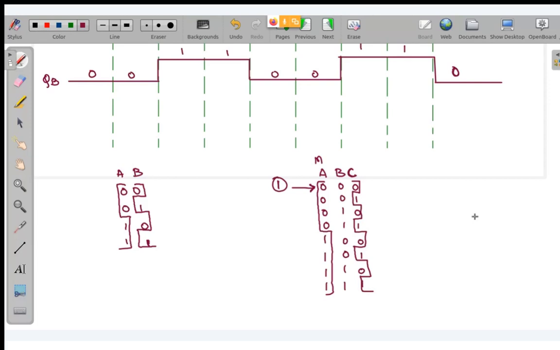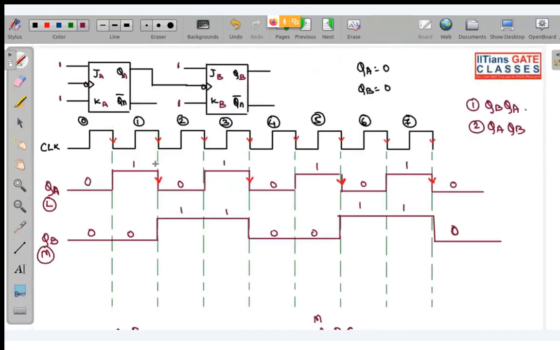In this case, where do you see the toggling is happening the most? Toggling is happening more in QA and least in QB. That is why QB is your MSB, whereas QA is LSB. And one more trick is that the flip-flop where we apply the external clock is the LSB, and the flip-flop that is farthest from the external clock is the MSB.